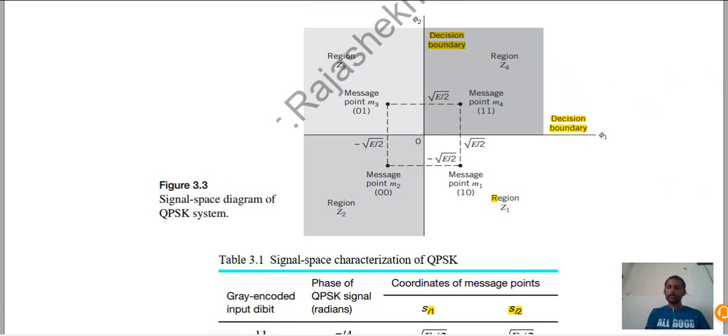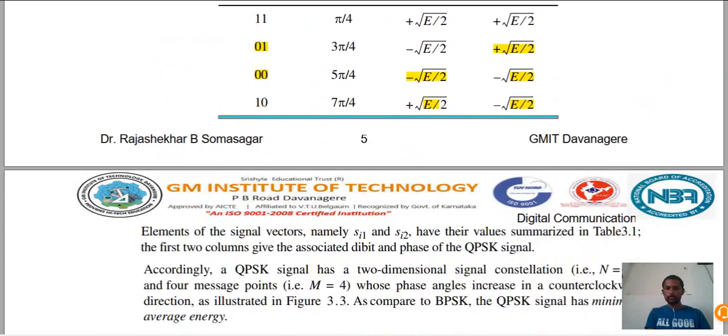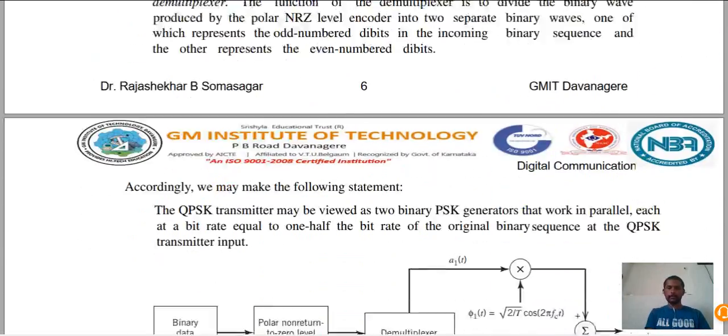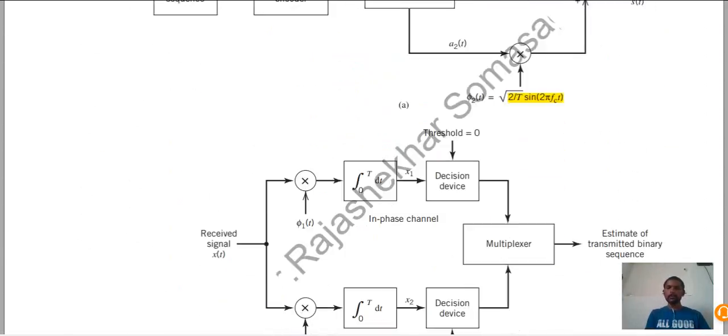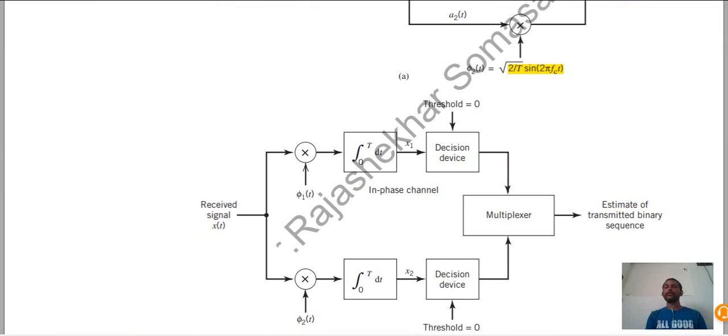So we will use two decision devices with the threshold 0, one for the odd numbered and another for the even numbered sequence, based on the threshold 0. What we have discussed in binary PSK is applicable here.